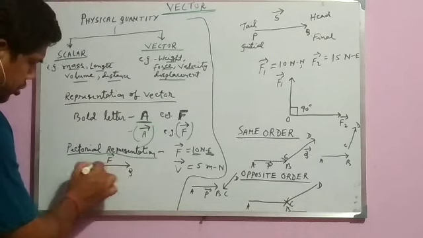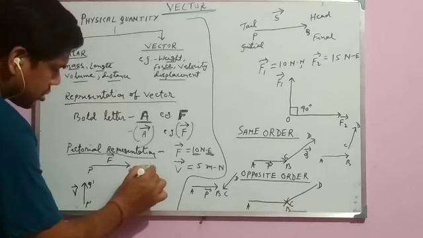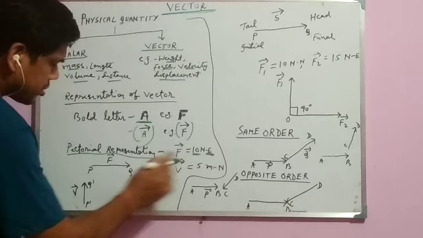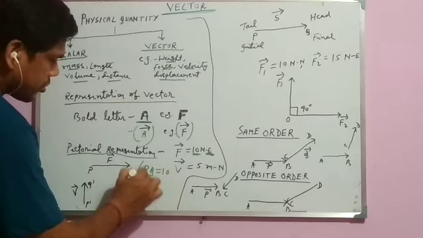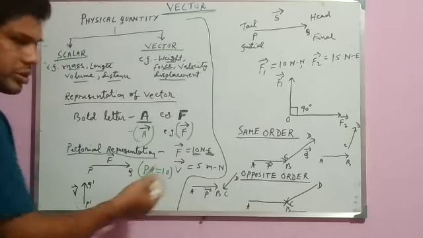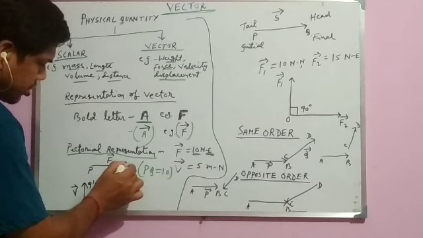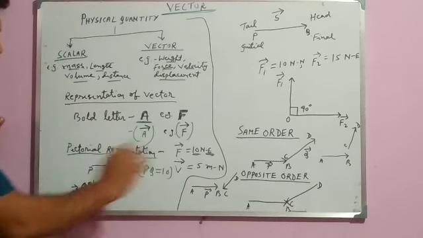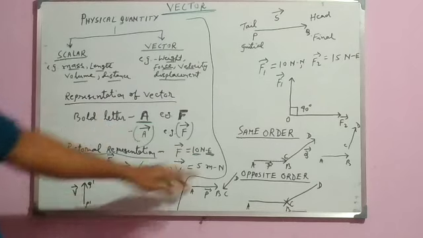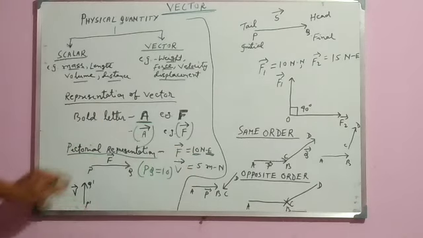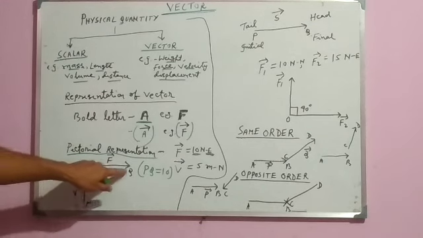In this way, we have drawn a line PQ. The value of PQ represents 10 magnitude, and unit is Newton, and this arrow gives the direction of this force, which according to the question is east direction. So we can represent pictorially vector A, force vector, like this.